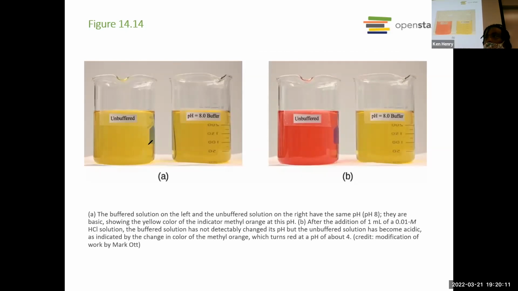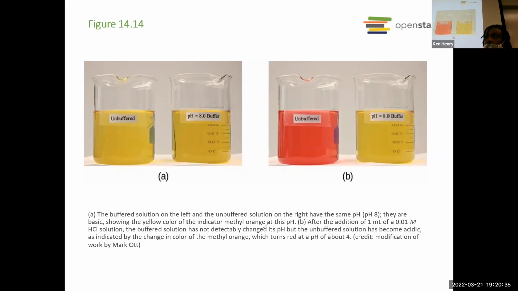So here's an example. This one is unbuffered. This is buffered at a pH of 8. This is where we're starting off. We're using methyl orange, which is a nice yellow color.